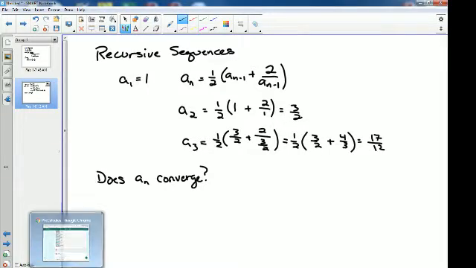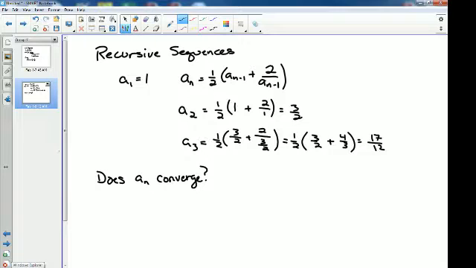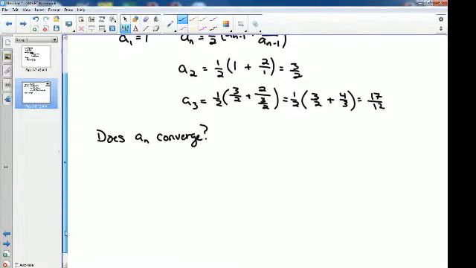Okay. Graphically, if I have a sequence A sub n.